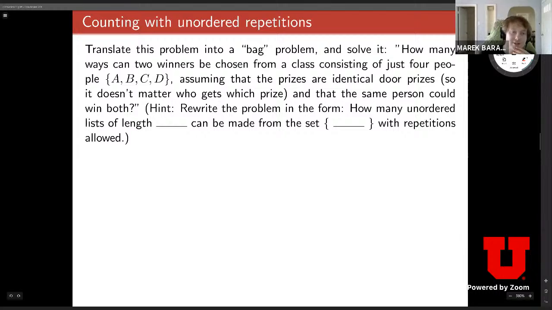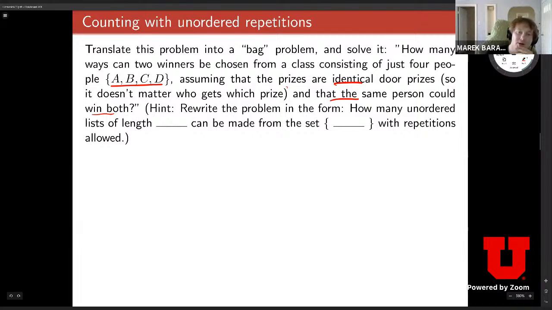So we have 4 students named A, B, C, and D, and we assume that prizes are identical, so we can't tell the difference between the prizes. If A gets the prize and B gets another prize, it's the same thing as if we switch the 2 prizes. And the same person can win both.